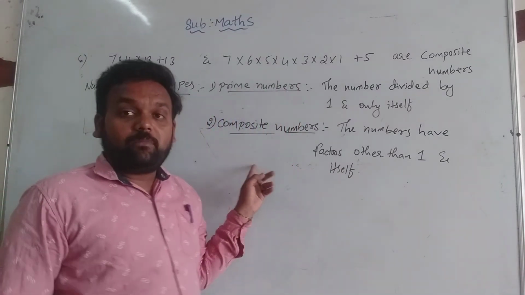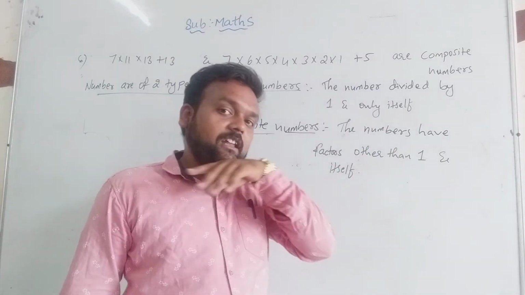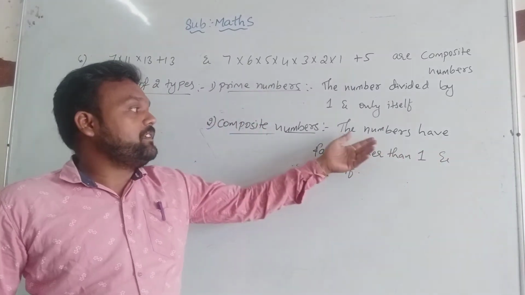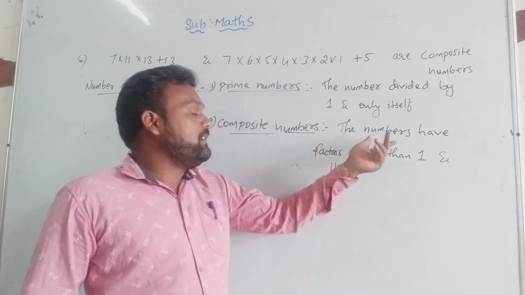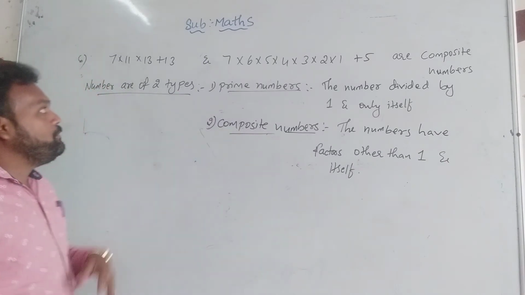Other than 1 means 2, 3, 4, 5. Numbers with factors other than 1 and themselves are called composite numbers.